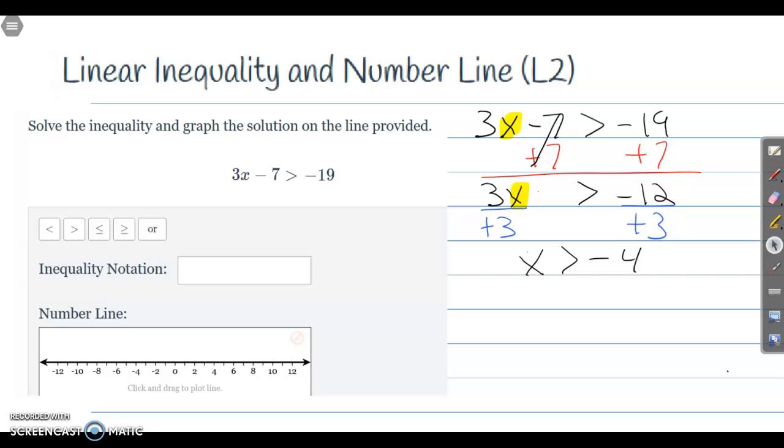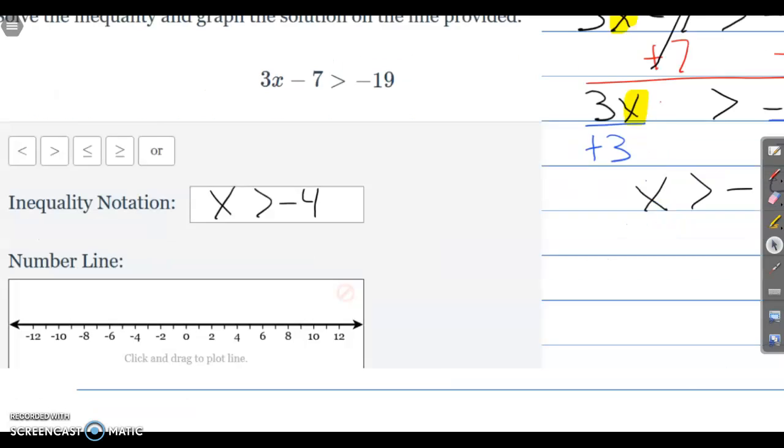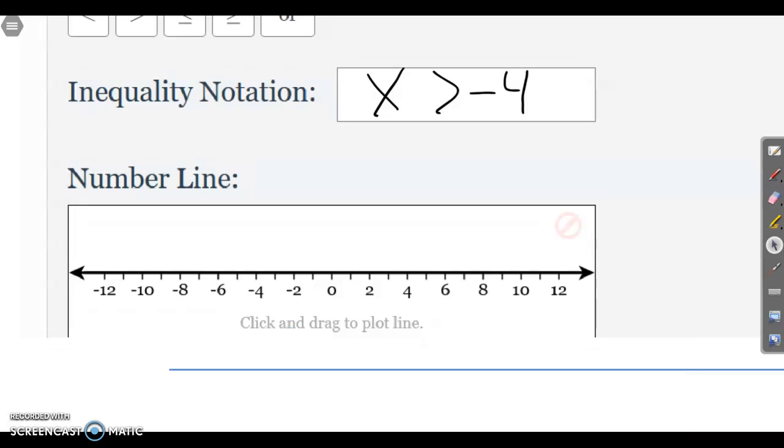Okay, so then I'm going to write that in over here. X is greater than negative 4. And then I'm going to zoom in so you see the number line better. I'm going to go to negative 4 here and make a circle.